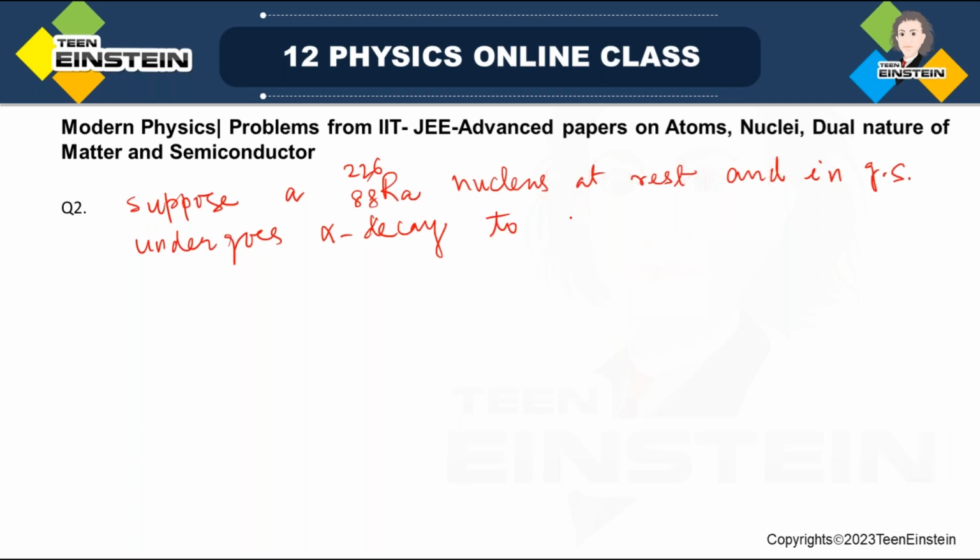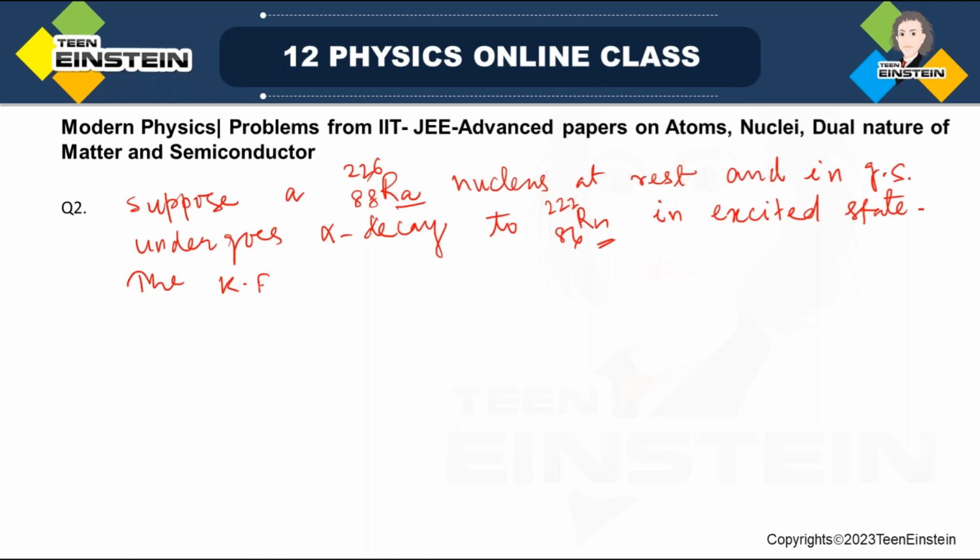It decays to a residual nucleus, radon 222 with atomic number 86, in an excited state. That means this nucleus is in an excited state.